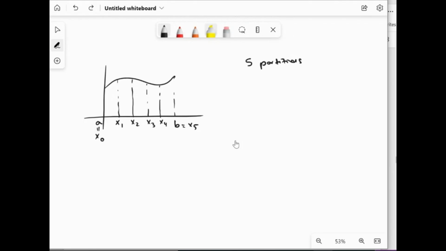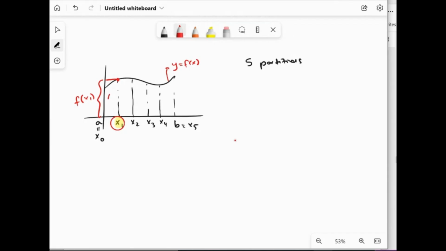and we can just find the area in each rectangle. So we said that in the previous example, we used the right endpoint to determine the height of the rectangle. Okay, so how do we find this height? Because this is the graph of y equals f of x, the height of this point is given by plugging in x1 to this function.